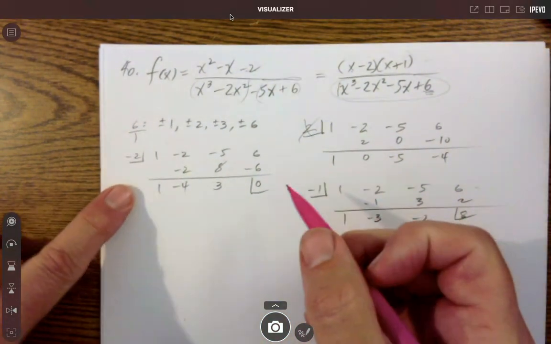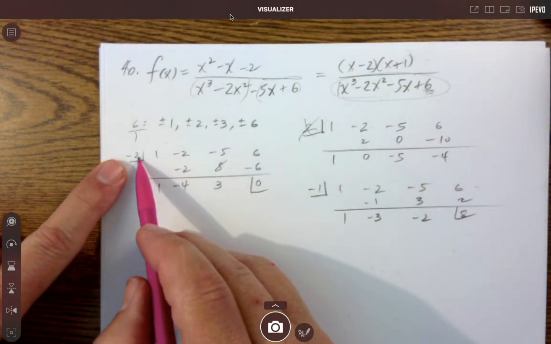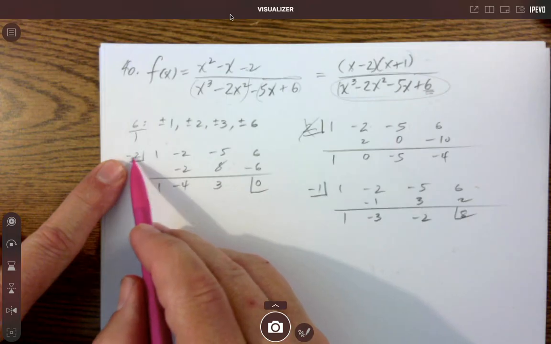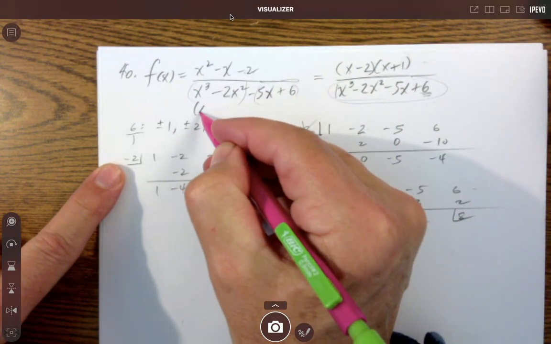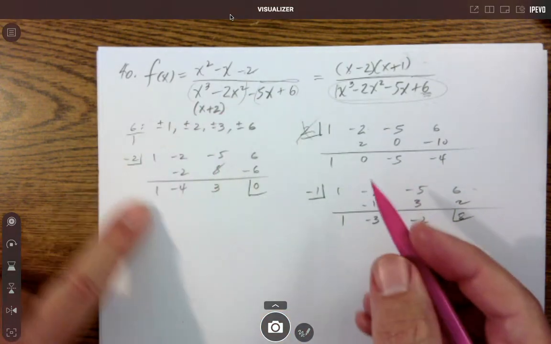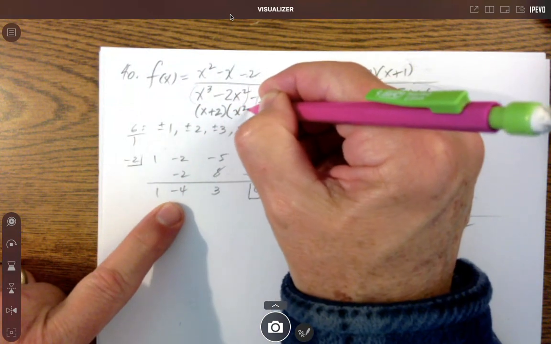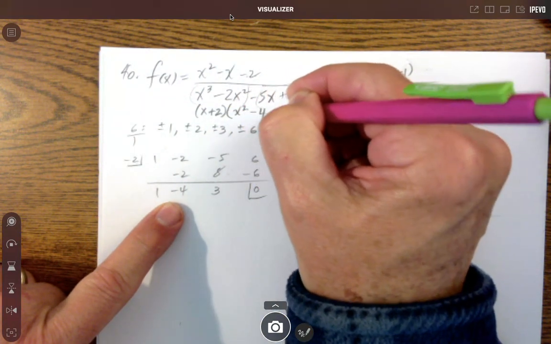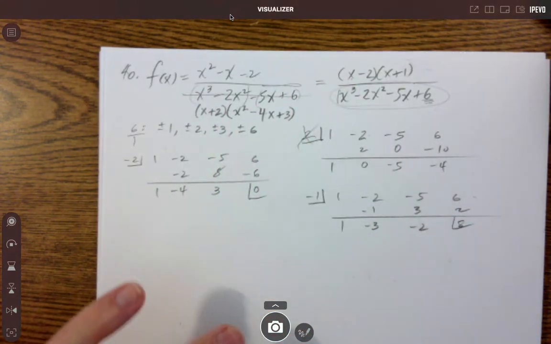Since I tried x minus negative 2, that means this bottom will factor to x plus 2, because negative 2 makes that 0, times x squared minus 4x plus 3. Okay, so now I've factored the bottom.